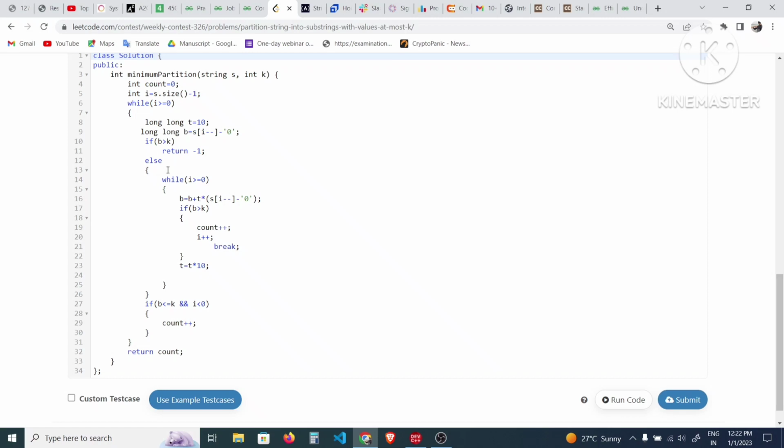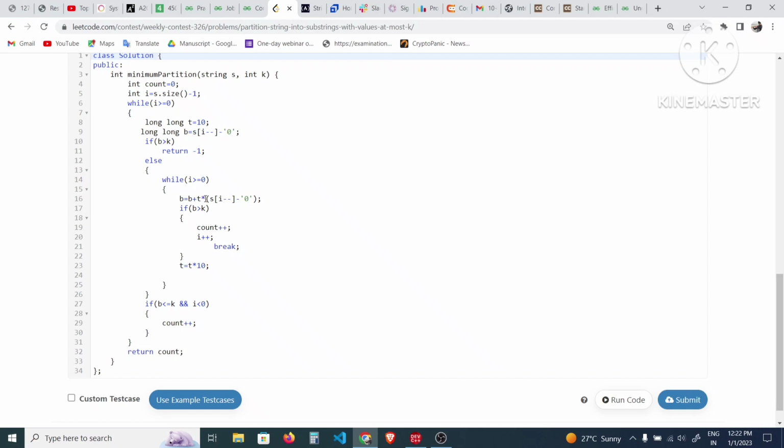If it is not like that, then you just have to continuously take the subsequent digits. In that case you take b equal to b plus t times the digit, where t is multiplied, like I have given in the example.